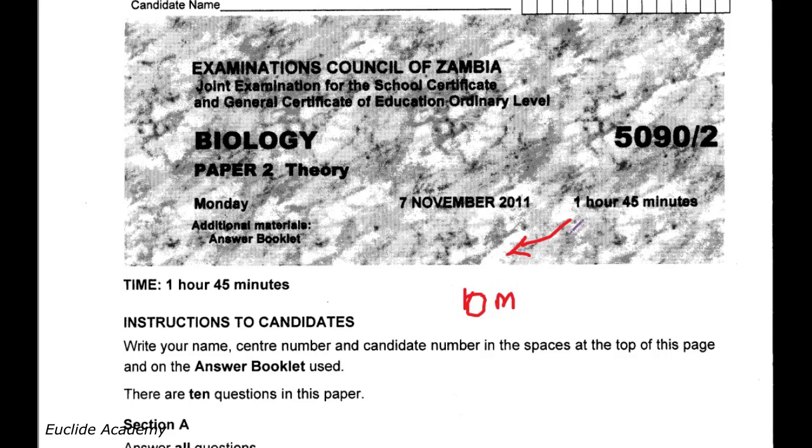That means you're going to have 1 hour 35 minutes for answering questions in the paper. So that is how smart students do, and that is what they do. And in this video, I'm actually sharing this with you. So you set aside 10 minutes for actually revisiting your work. So you give yourself 1 hour 35 minutes instead of saying I've got 1 hour 45 minutes.